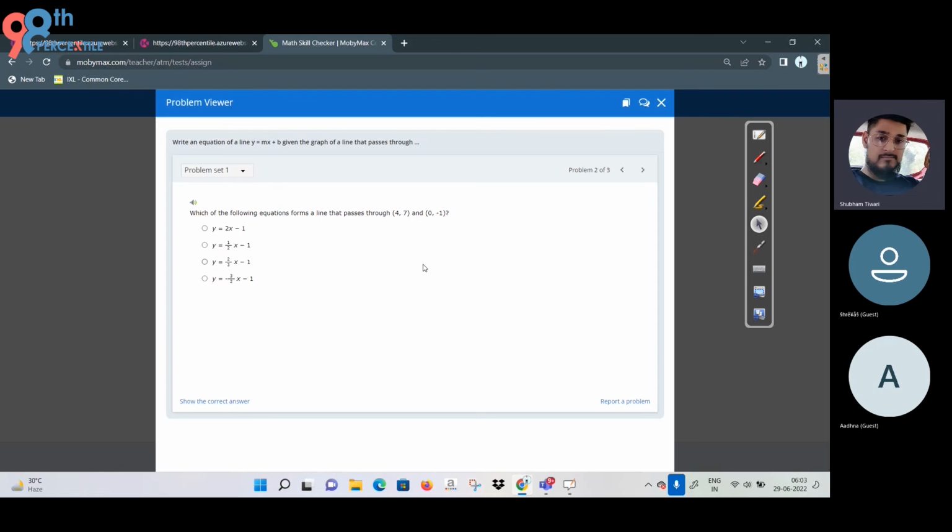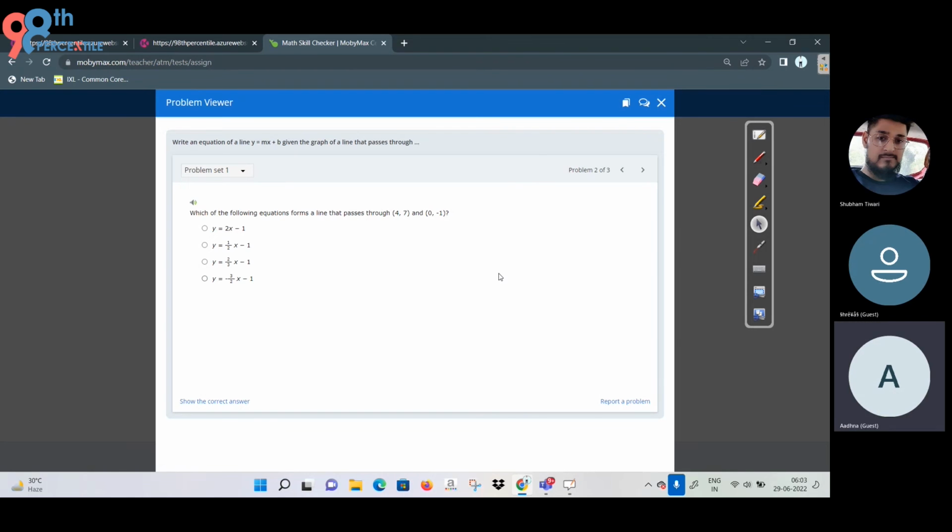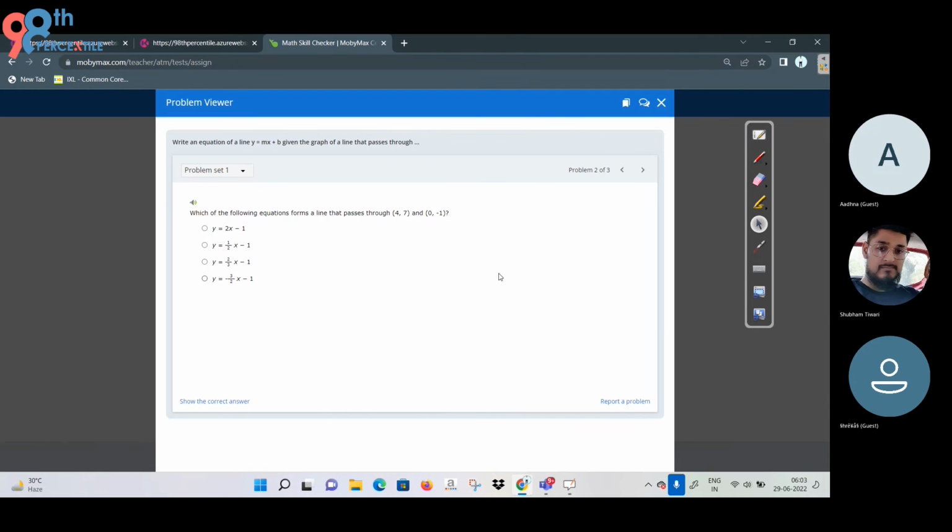Which of the following equations forms a line that passes through 4,7 and 0,1? I have told you earlier how to find the equation of a line from 2 given points. Let's see who has revised that and can give me the correct answer. It's the first one. That was pretty quick. What about you, Shreyas? Still working.